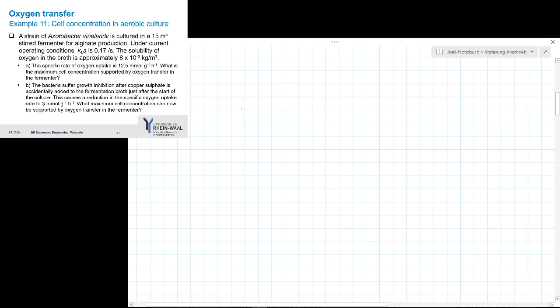Let's start with the equation we need. So you remember we want to calculate here the maximum supported cell concentration. So in other words, we use this equation: X max is equal to KLa times C star divided by Q0. This is the equation we're talking about. And now we just need to look at the values here.